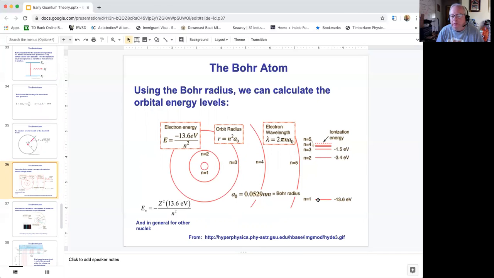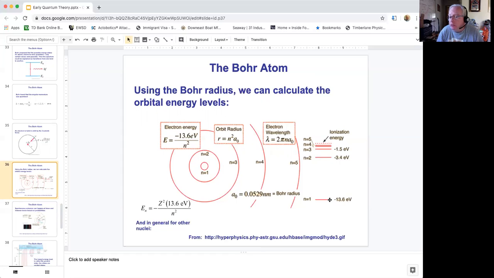So ground state, again, this is hydrogen, so that's only one electron. And the ground state is minus 13.6 electron volts. Electron volts is the unit of energy. So that means that since it's negative, it's in a bound state. We talked about that earlier. To get to a free state, you would have to add 13.6 electron volts or more.